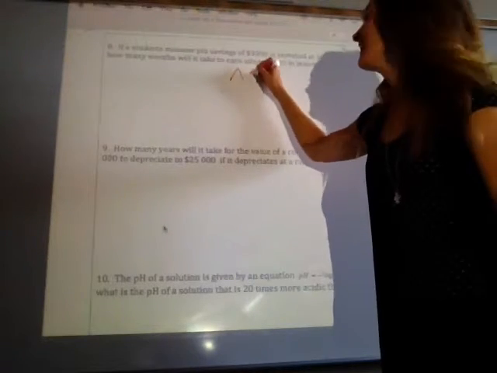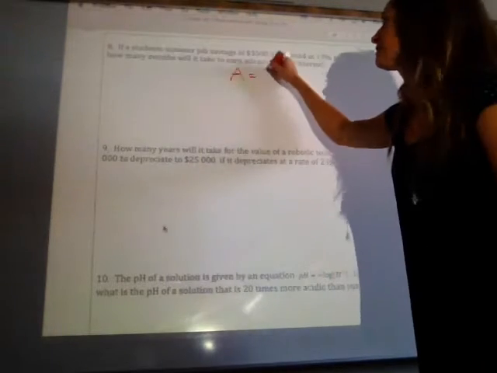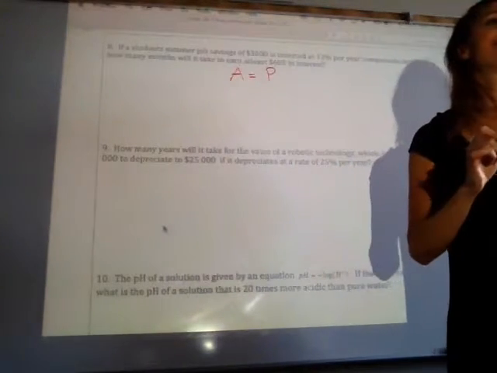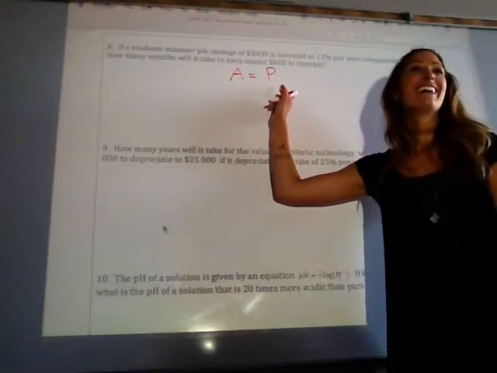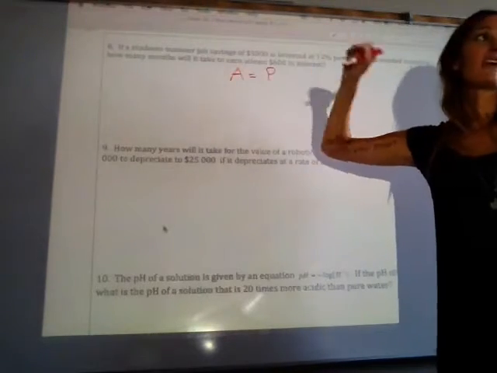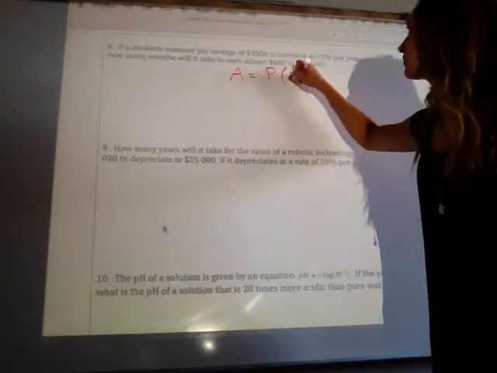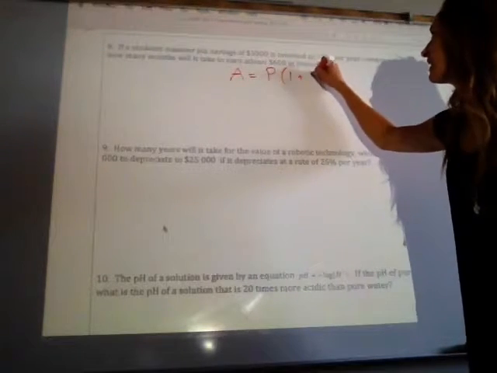What's the first letter? A. A stands for the final amount. What does P stand for? Principal. It's the original amount that you start with. In this case, 3,000. And then it's 100% of what we have, so 1, plus the interest rate.